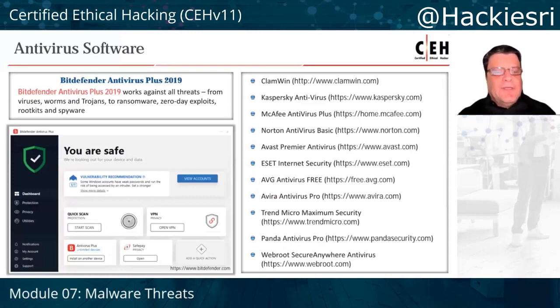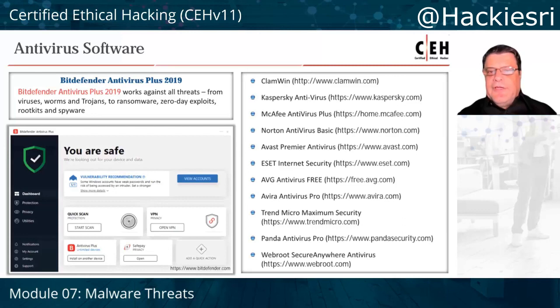Antivirus software. Let's take a closer look at some of these. Bitdefender Antivirus Plus 2019, and that would be later, of course, works against all threats from viruses, worms, and Trojans to ransomware, zero-day exploits, rootkits, and spyware.